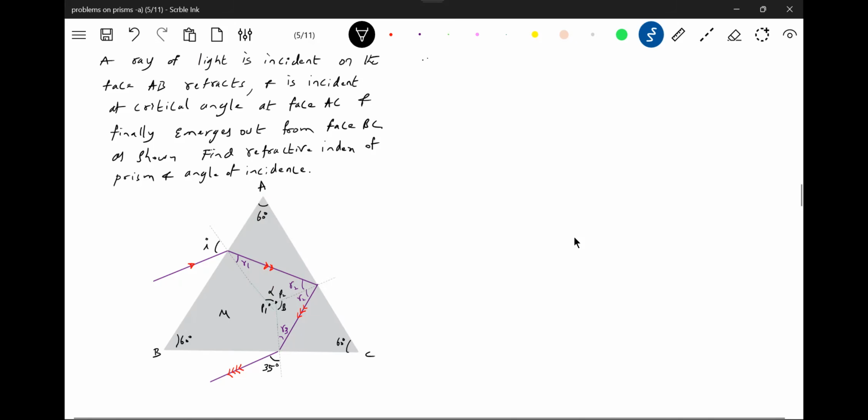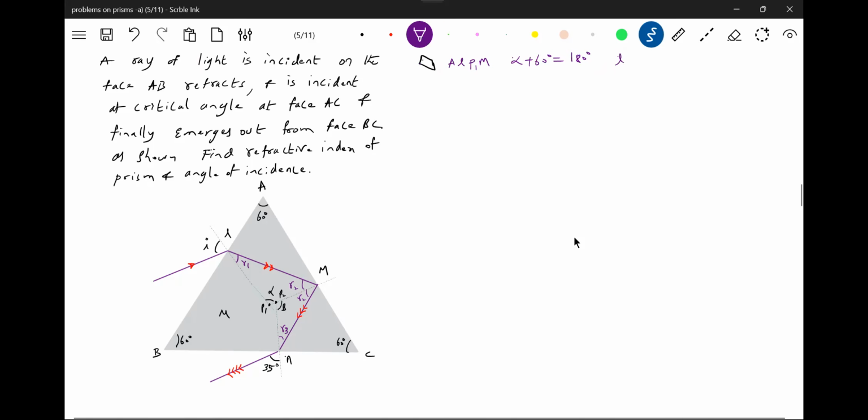From the cyclic quadrilateral, we'll use L, M, N. So in quadrilateral ALP1M, alpha plus 60 equals 180 degrees.